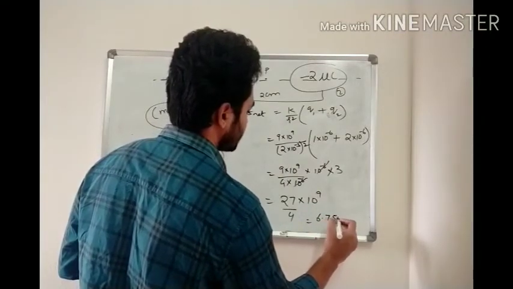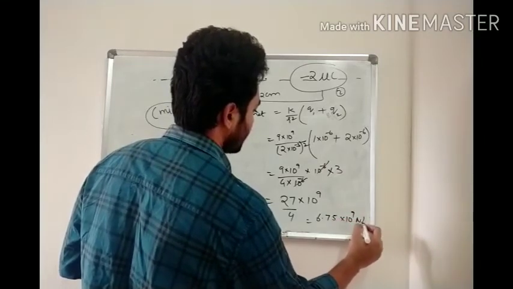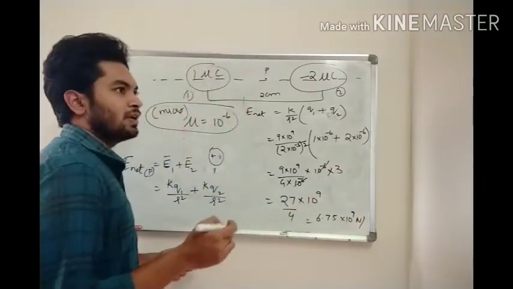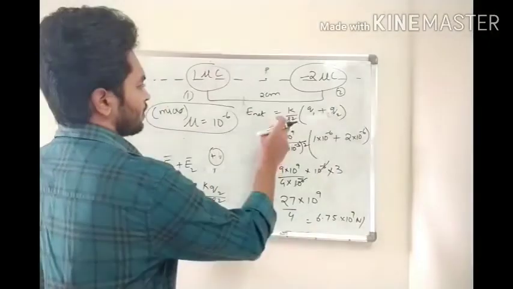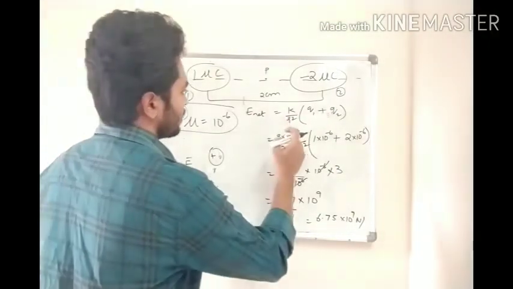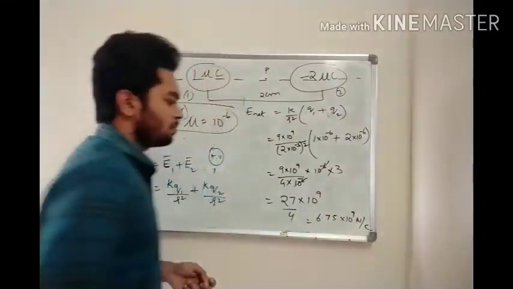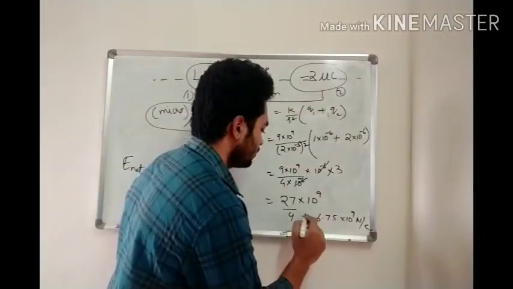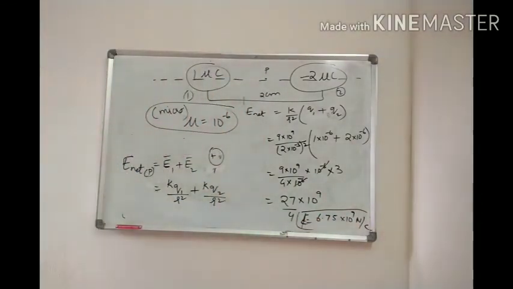So 6.75 into 10 power 9 Newton by, what is our electric field? Newton by Coulomb. So this is your final answer. E net is equal to 6.75 into 10 power 9 Newton by Coulomb. Clear?